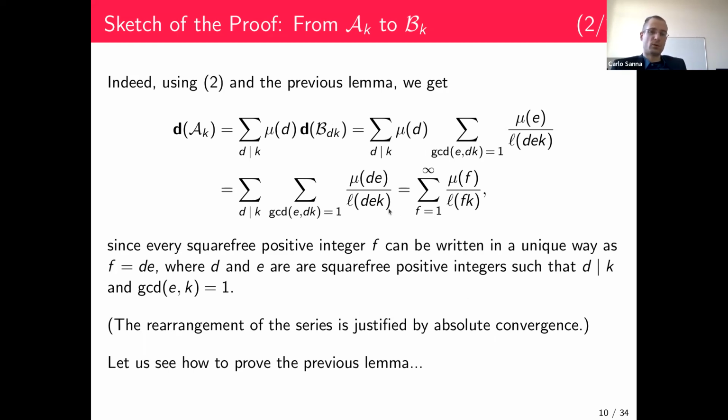And so, assuming the previous lemma, one gets the desired formula for the natural density of A sub k. So at this point, one has to prove the lemma.